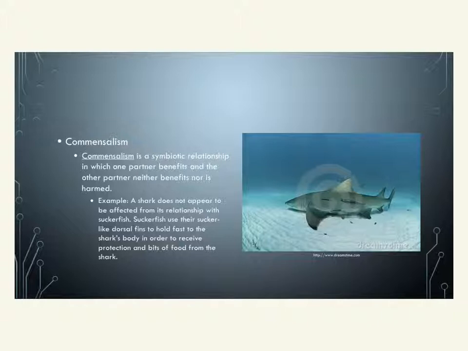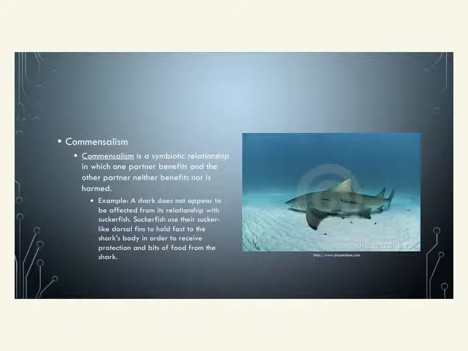So in reality, commensalism probably doesn't actually exist that much. It is likely that the shark in this example is affected somehow. It's just difficult to tell exactly how. Likely it would be more beneficial than harmful, or else you'd probably expect that the shark would make sure that those suckerfish get out of the way in a hurry.